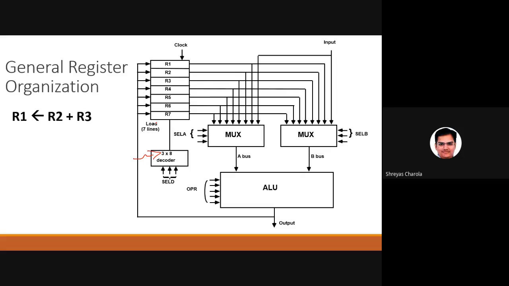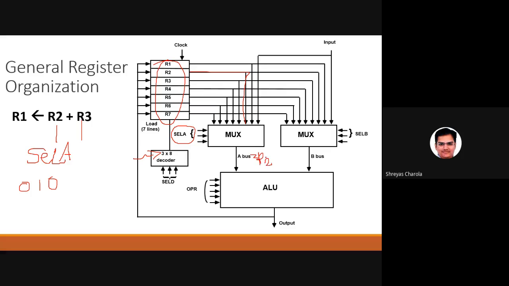Now consider the mux. Out of these 7 registers, I need only R2 and R3. That means I require 2 multiplexers. This multiplexer will take the selection of A. If I put a 3-bit selection, I need R2, so 0,1,0. R2 will be selected here and will be available on the A bus.